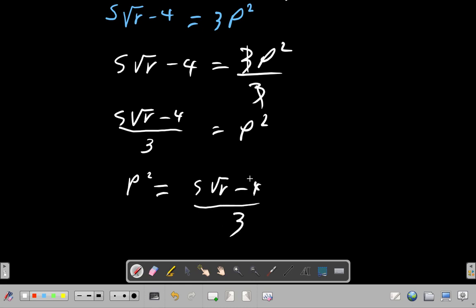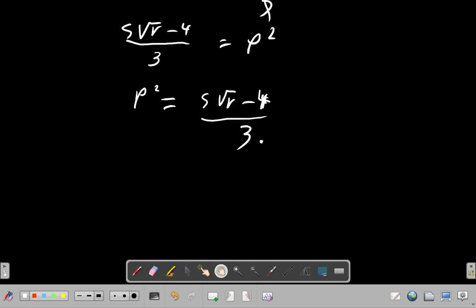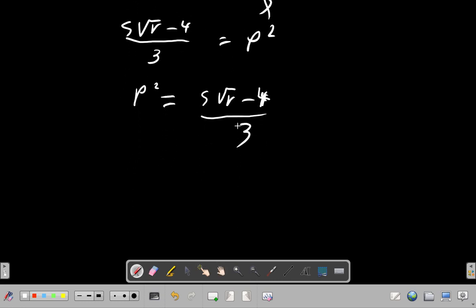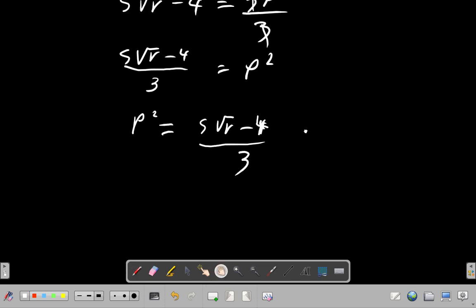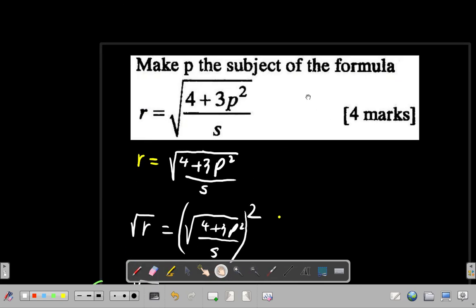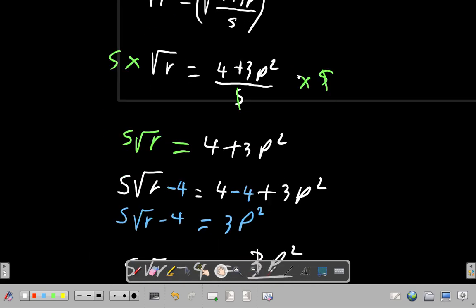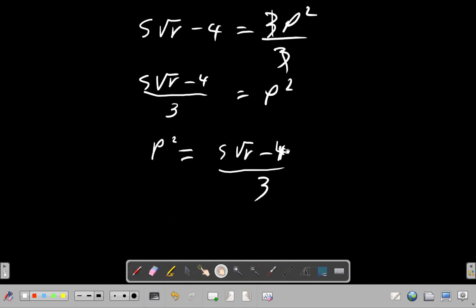You don't necessarily have to do it, but it's a bit easier when you deal with it like this. Mentally, it's easier. For me, at least. But remember what they say, make p the subject. They did not say make p squared the subject. It's p that you want to make the subject. So what do you do?